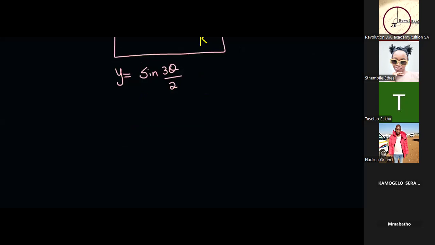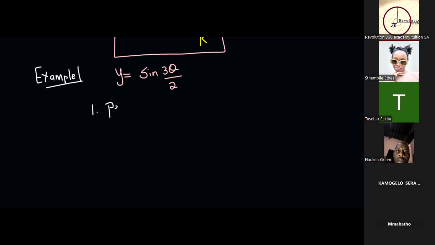So example number 1. On number 1, they will say find the period. On number 2, we're going to find the amplitude for the graph y is equal to sine of 3 theta over 2. And then on number 3, we're going to find the domain and the range.